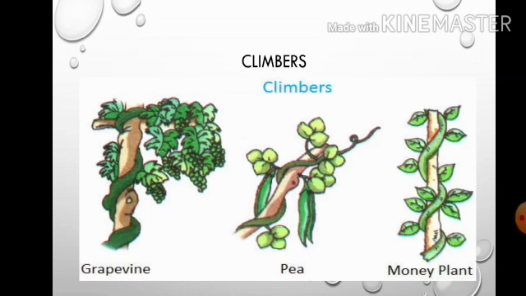It grows in a crawling way, crawling like a snake, and climbing up, but it cannot stand straight. Examples: beans, peas, money plant. Have you seen a money plant? It is used in our houses for decorative purposes. That plant belongs to climbers.